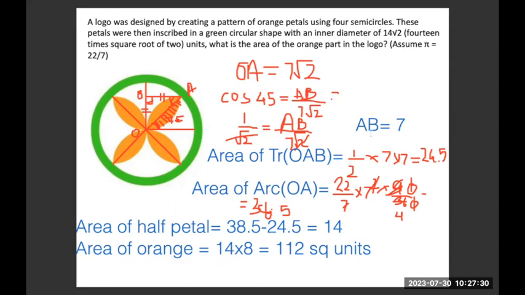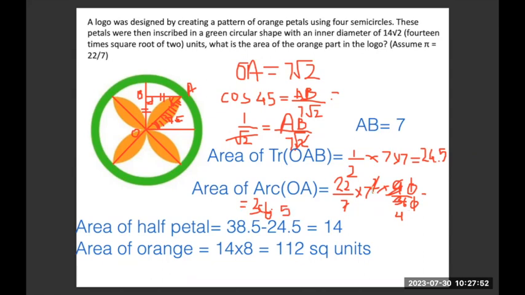Then using that value of 7, I was able to find the area of the triangle OAB, which is half base into altitude. Here base and altitude are 7 because the angle is 45 degree. So area of the triangle is 24.5. Then I got the area of the arc, which is pi r square theta upon 360 degree, and its area came to 38.5.